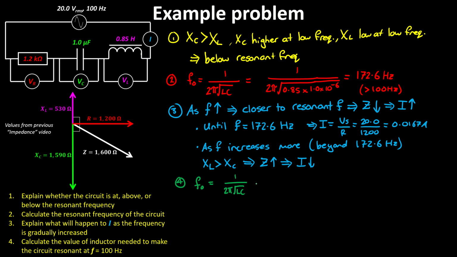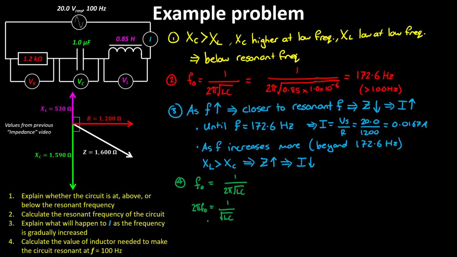And now there's a few ways of doing this calculation. If I multiply both sides by 2 pi, so 2 pi f naught is 1 over square root LC.